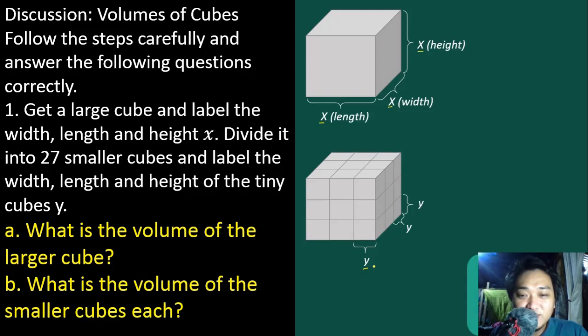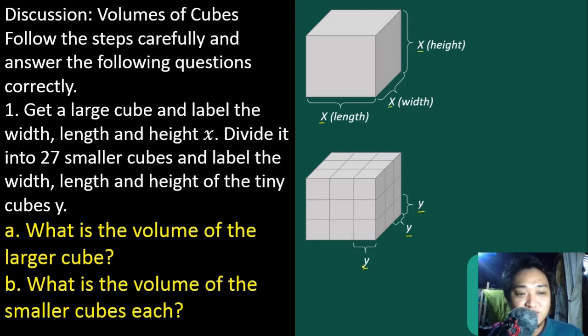So, yung length niya y, yung width niya, yung lapad niya is y din. Tsaka yung length ng maliit, y din. So, yung malaki, yung kabuuan, ang dimensions niya, puro x, kasi perfect cube siya. Yung dimensions naman nung maliliit na cube, bawat isa, all in all 27, ang dimension niya is y, length, width, and height, puro y.